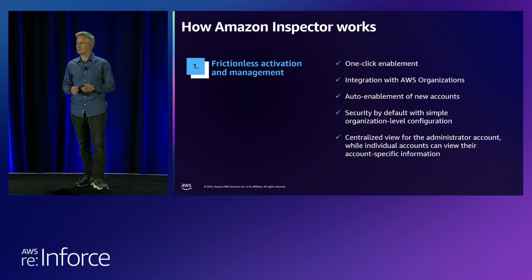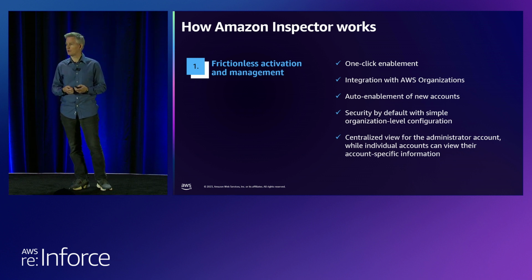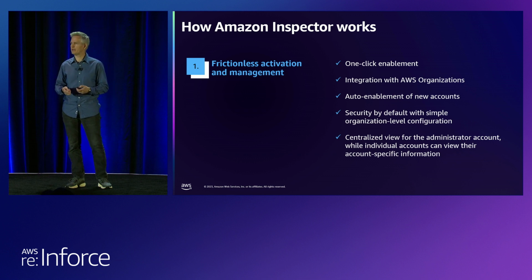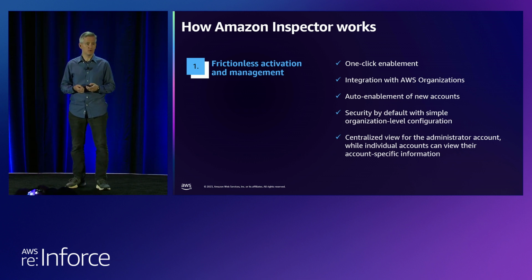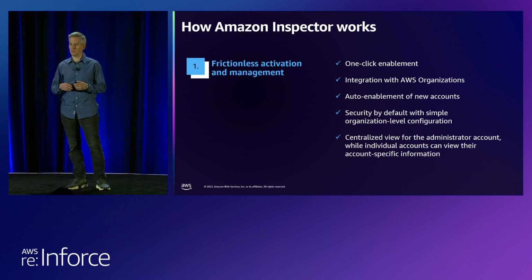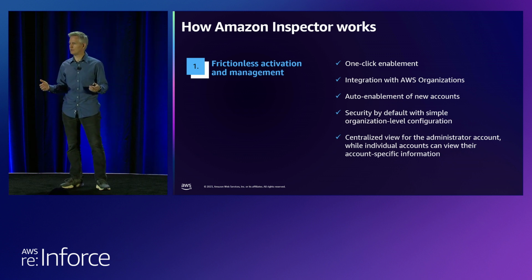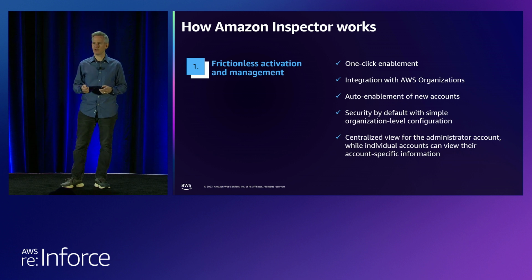So diving into those, we talked about number one, that frictionless activation. We will show this in the demo later today, but to turn on Inspector, it is literally a single click within our console. And if you are a company that uses AWS Organizations and manages your accounts through that organization, we allow you to create or designate a delegated administrator account.